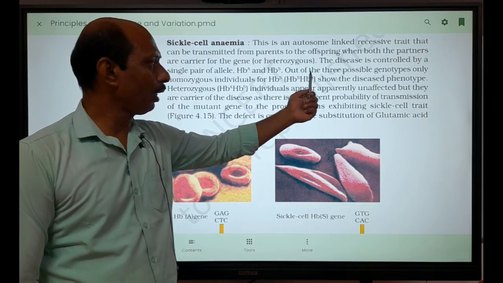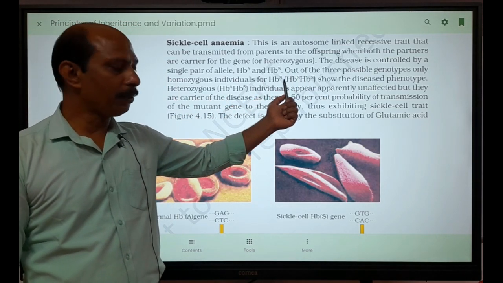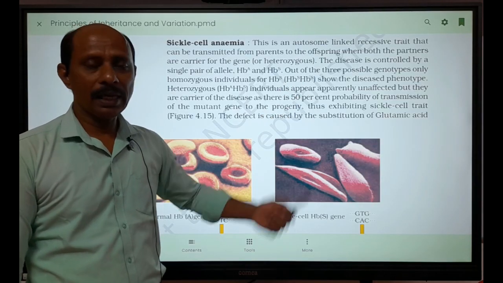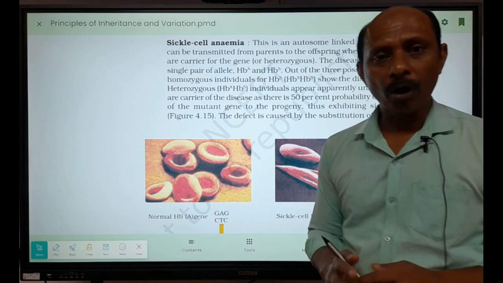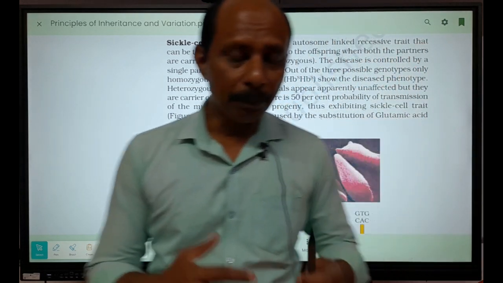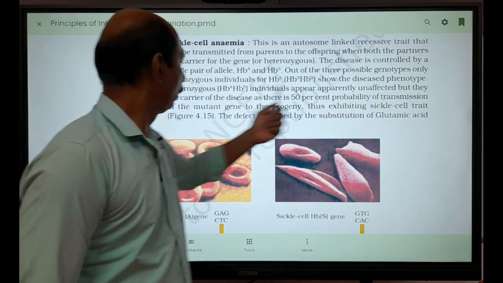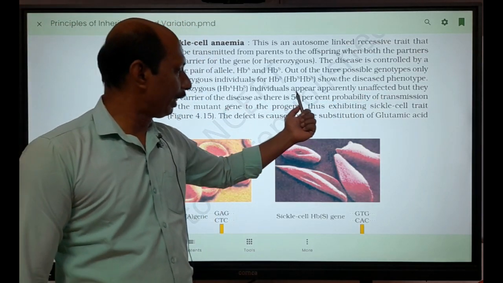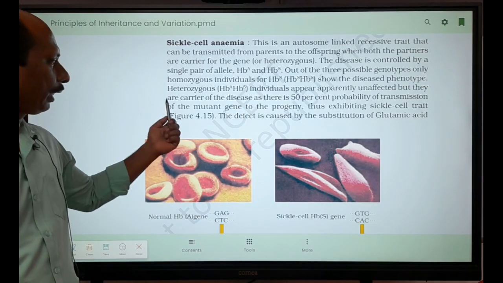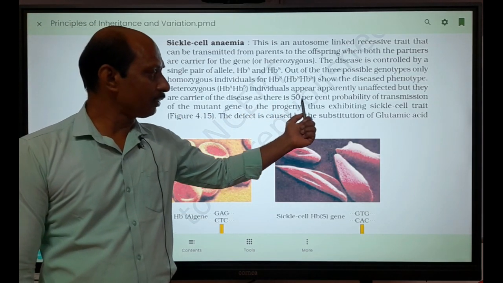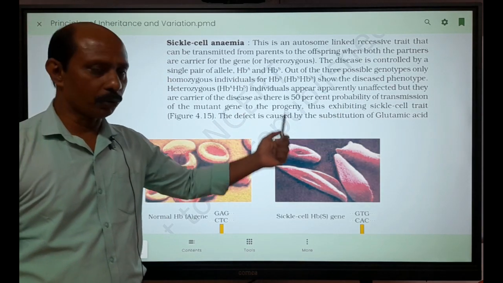As for sickle cell anemia, out of three possible genotypes, only individuals homozygous for HbS are affected. Hb means hemoglobin, which is made up of 4 polypeptide chains, 2 alpha and 2 beta. That beta chain is affected. Heterozygous HbA HbS individuals appear apparently unaffected, meaning they are phenotypically unaffected, but they are carriers for the disease as there is 50% probability of transmission of the mutant gene to the progeny.